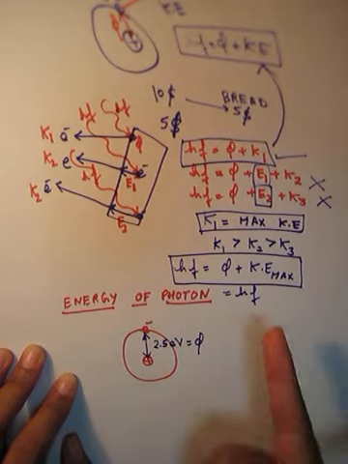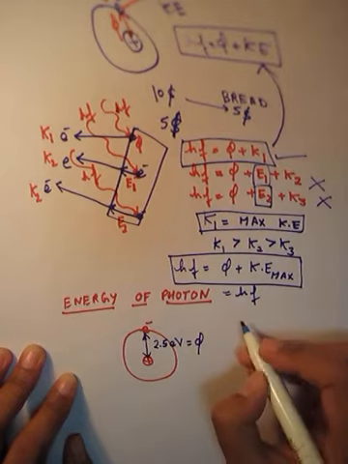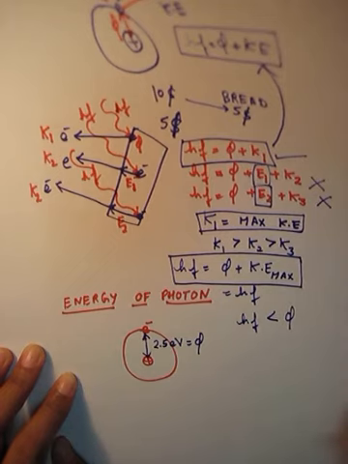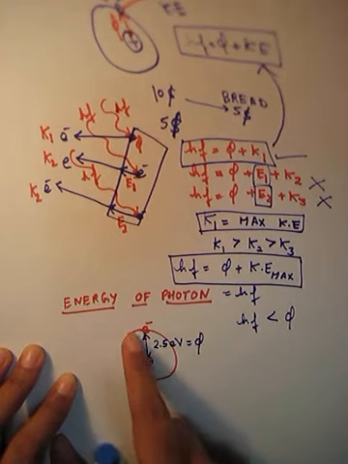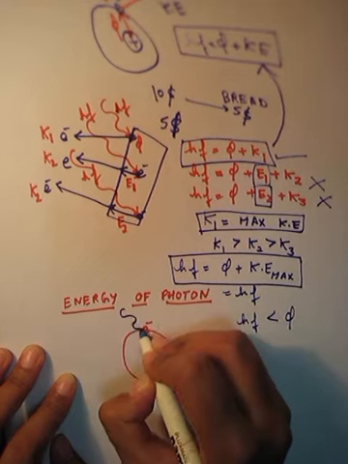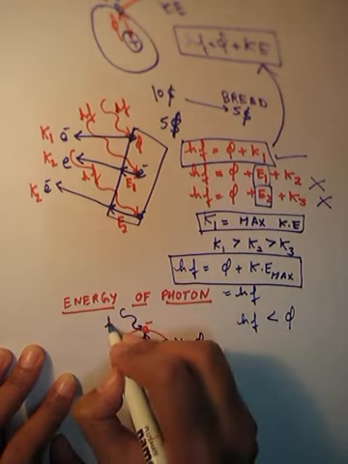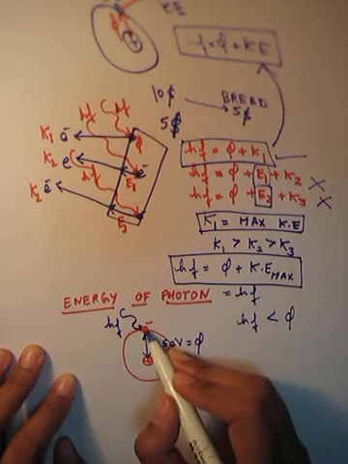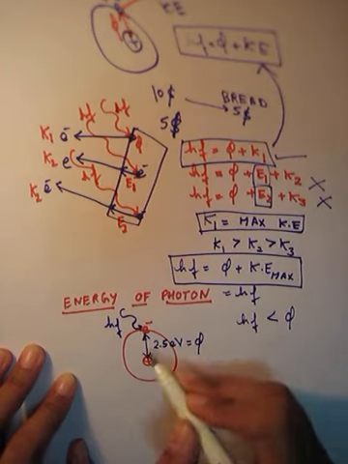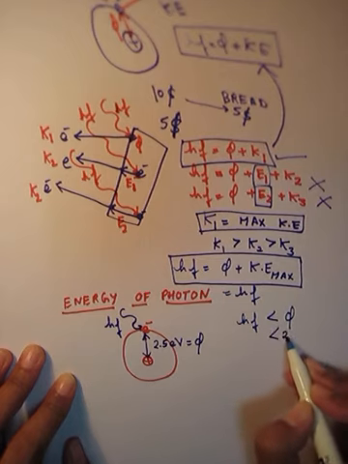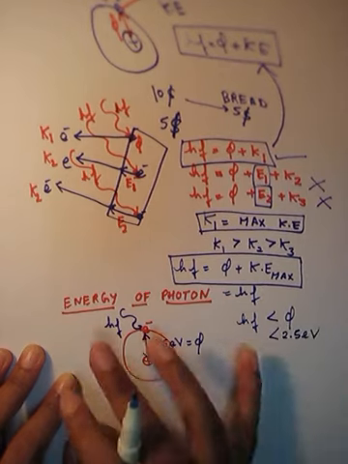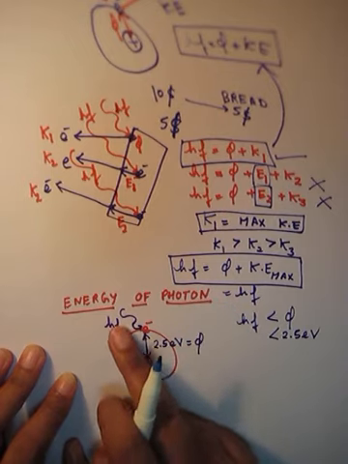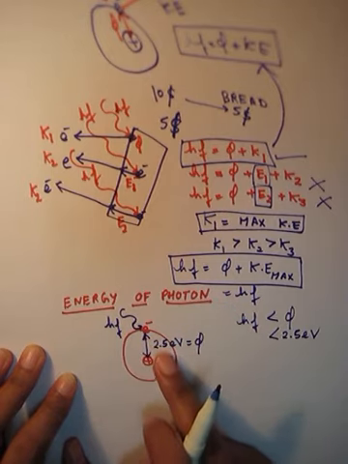If the photon energy is less than phi, there will be no electron. If this photon energy is less than 2.5 electron volt, in this special case, the electron will not be able to come out, because this is not sufficient to take care of it.